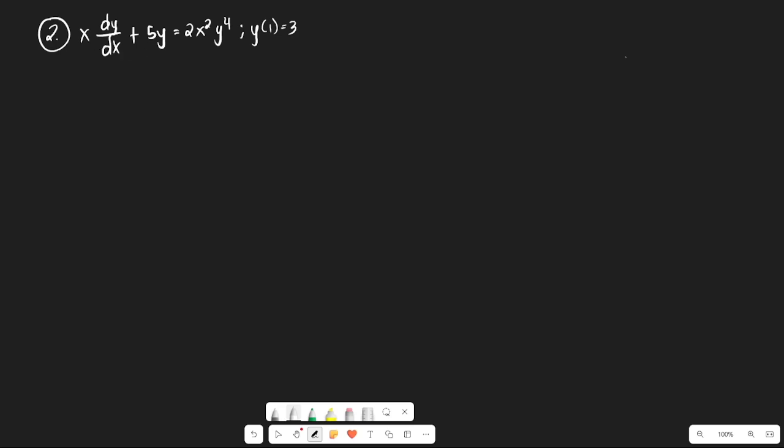Or if you want to be formal, you can multiply both sides by 1 over x. That is the same. So multiplying both sides by 1 over x, this is just going to be dy over dx plus 5y over x is equal to 2x squared y raised to 4 over x.